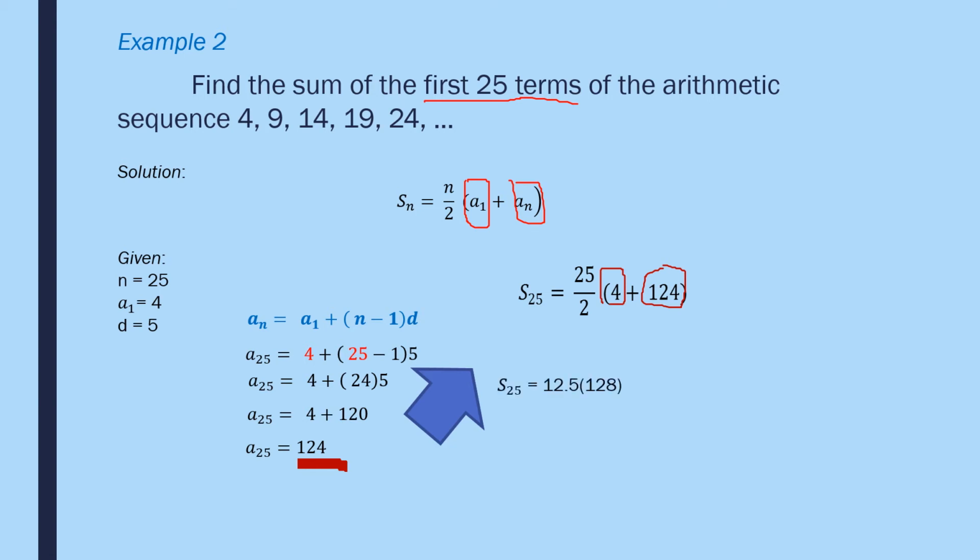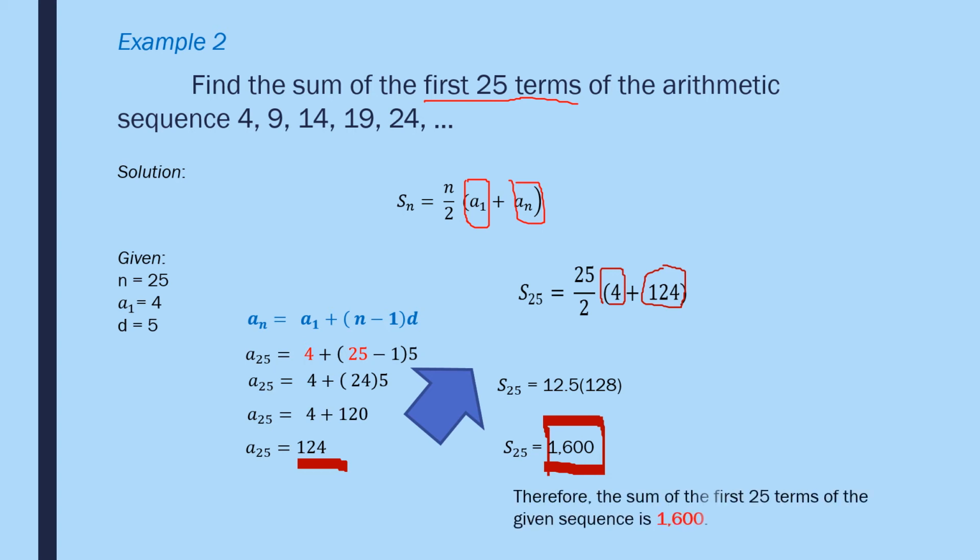We will get S sub 25 equals 12.5 multiplied by 128 to get an answer which is equal to 1,600. Okay. So this 1,600 will be our S sub 25.